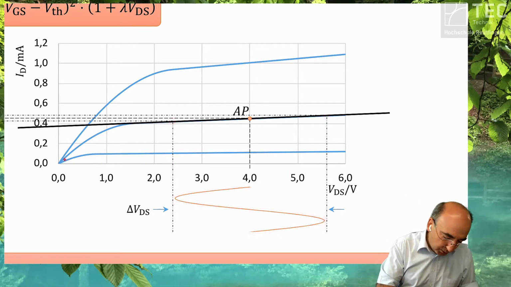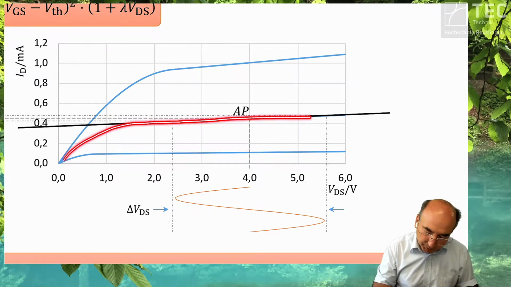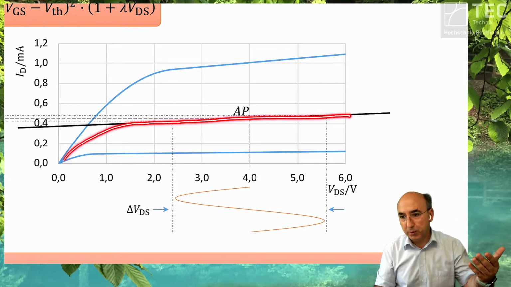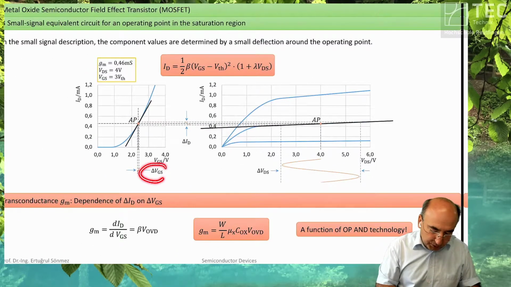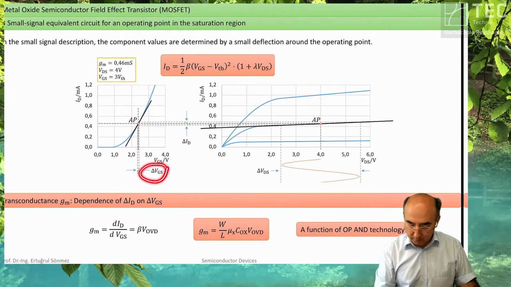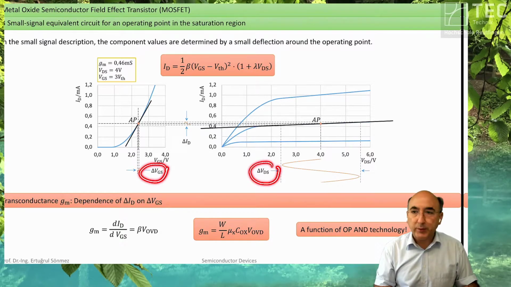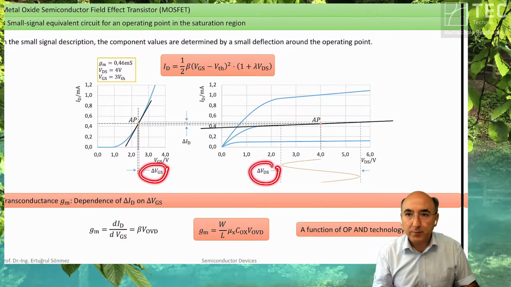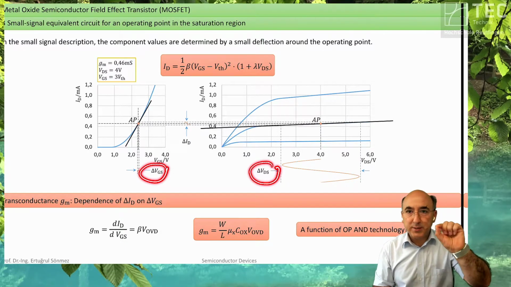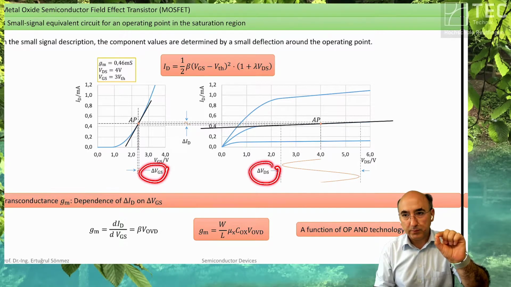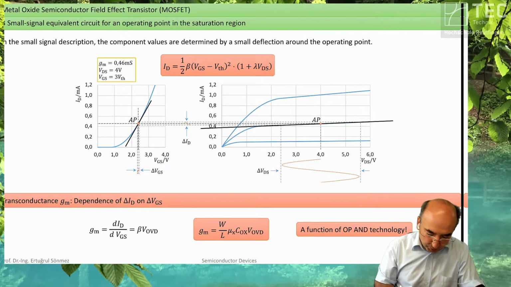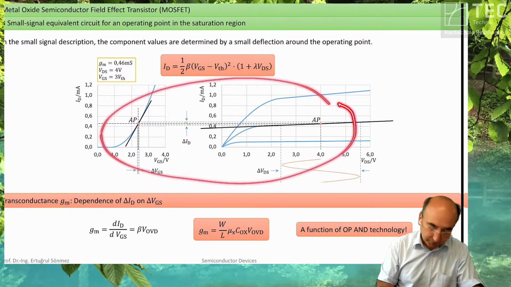Because you see your output characteristics have a certain slope, that means your voltage swing at the gate is translated to a voltage swing at the drain. So this is the maximum possible voltage gain of a single transistor. And this is symbolized in these two graphs with the MOSFET.